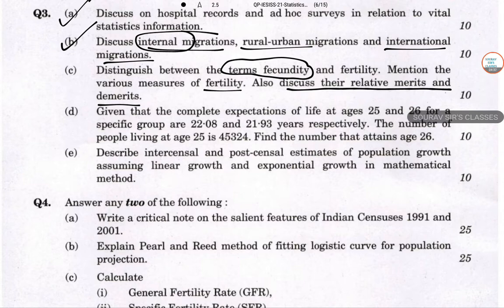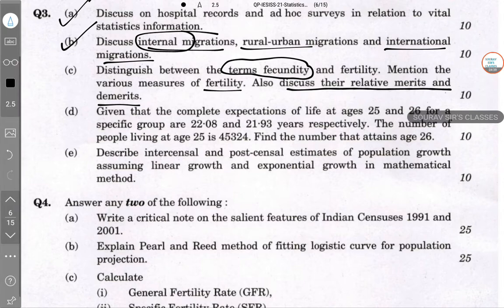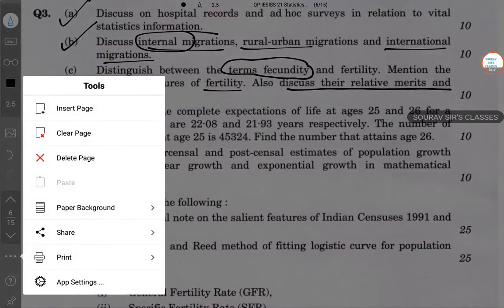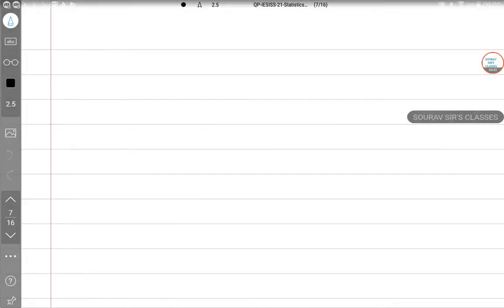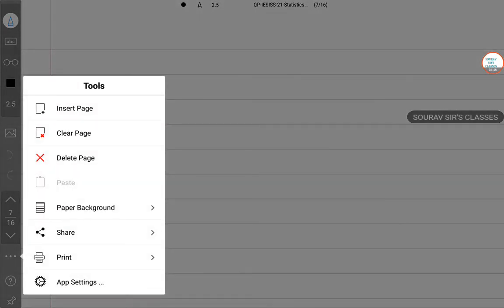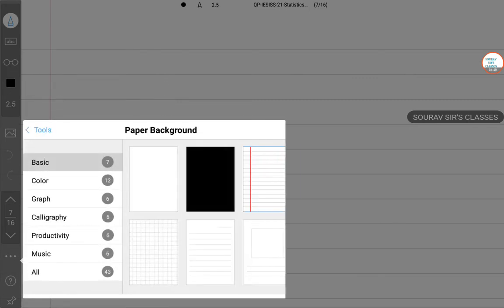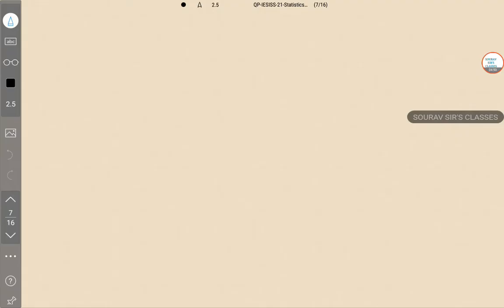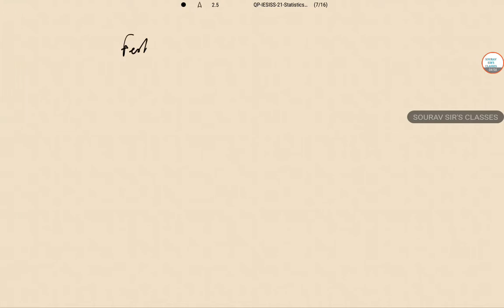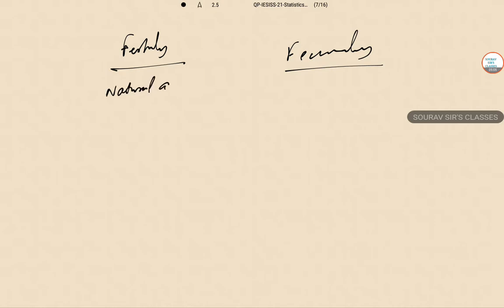Let me just add a page over here so it will be easier for me. For example, if I talk about fertility and fecundity, fertility is nothing but the normal, natural ability of an organism to reproduce.